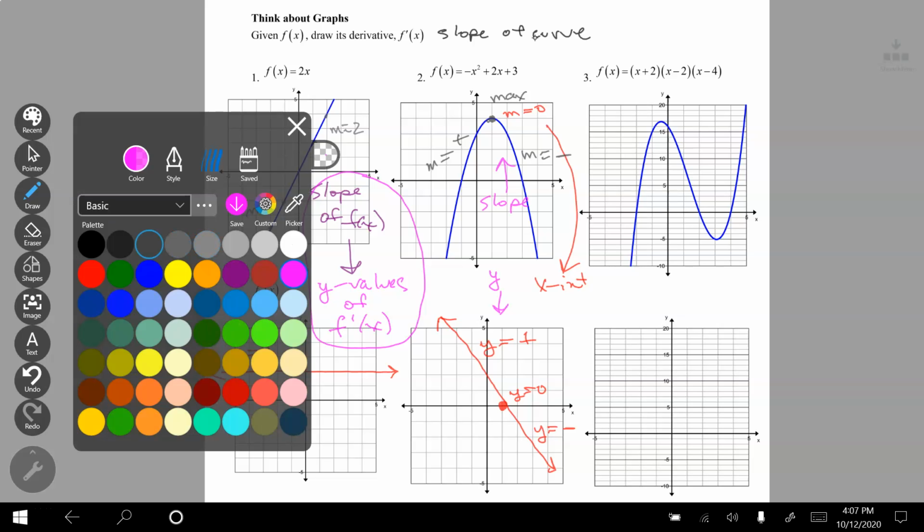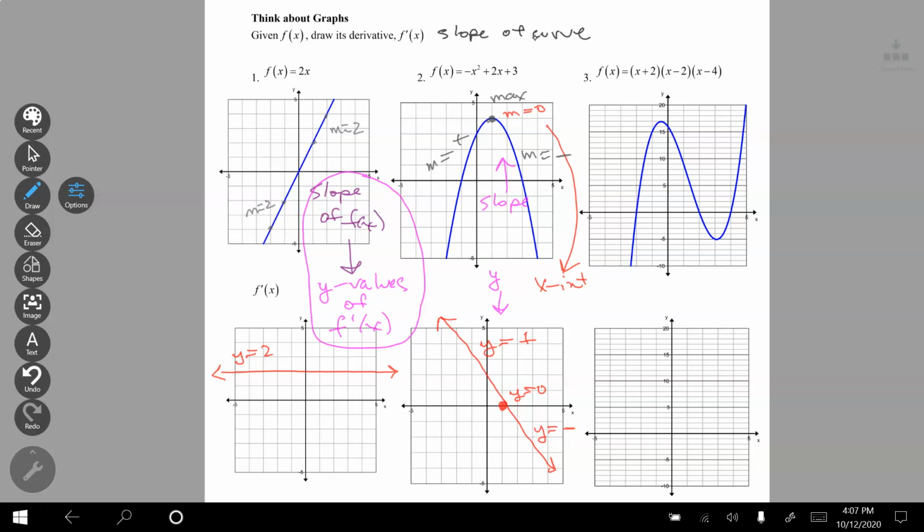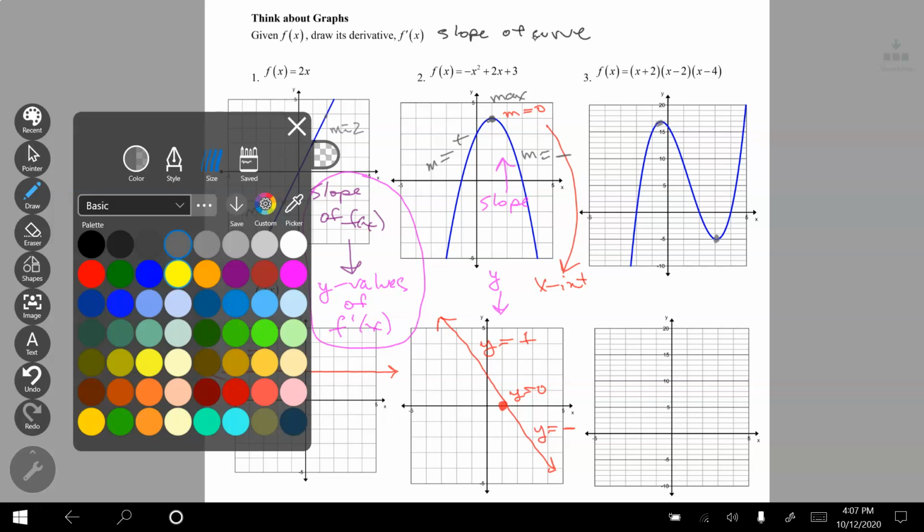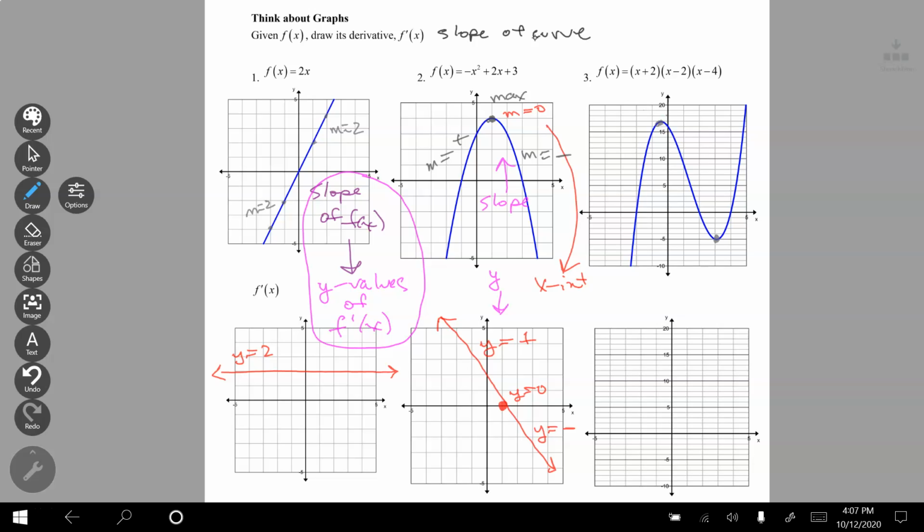Now I have another graph here, and it's actually a little bit better because I have a couple mins and maxes. So right here, I have a max, and right here I have another max. And what I do now is that at these maxes, right here, the slope is equal to 0, and that's really at about x equals a half. So I'm going to put a little dot here, x-intercept of x equals a half. I'm going to put one right here.